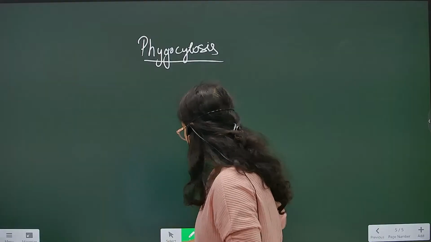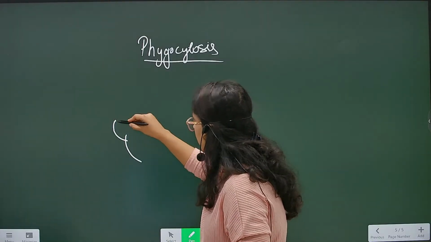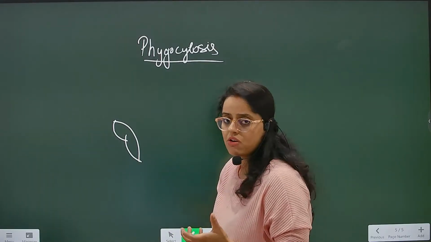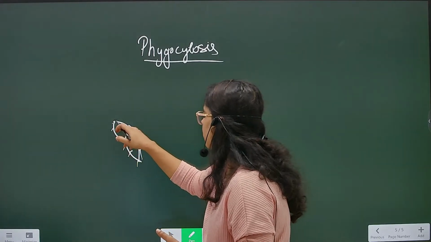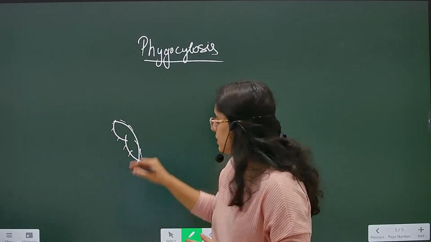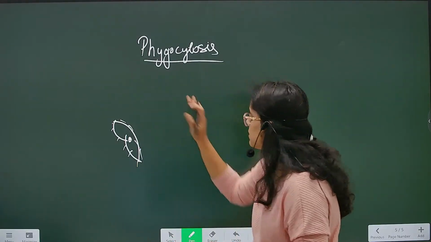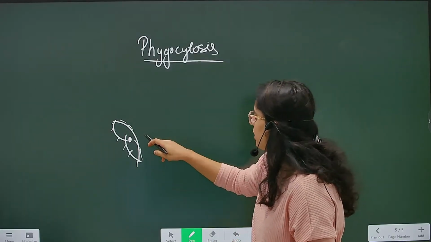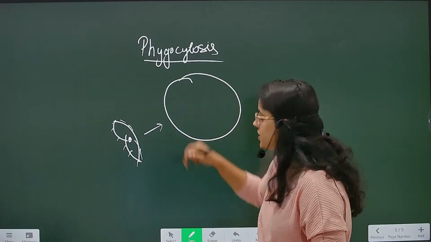Suppose I take a bacteria, or an example of an amoeba or protozoa. Here I am taking the example of paramecium, an infection-causing agent, or Euglena, you can take any example. When they enter the body, we have much larger cells.